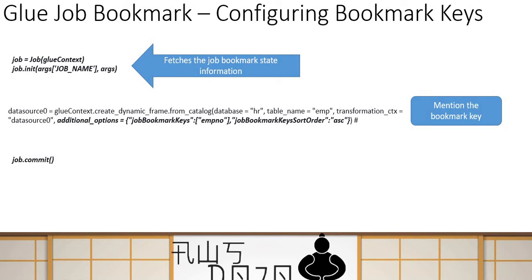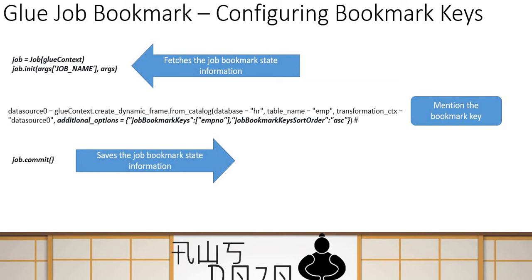And finally, at the end of the job, you also say job.commit. When you say job.commit, it saves the job bookmark state information. That's the place where the job says, okay, I'm going to save my current run job bookmark information so that the next job run can make use of this state information to avoid any reprocessing of the data.